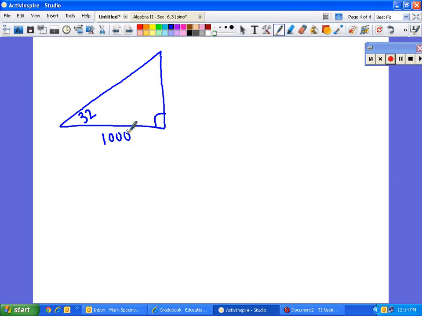And this is your eye level. And remember, you are 6 feet above the ground. My question is, how high is the rock climber from the ground?